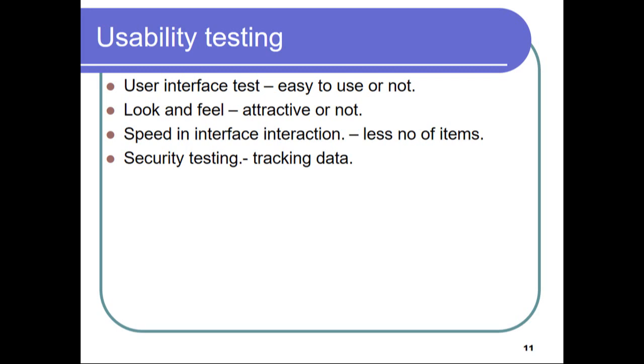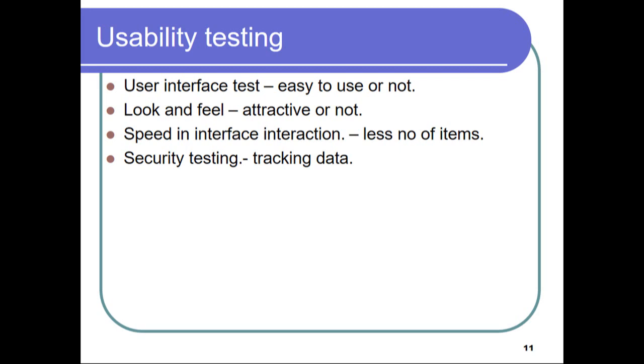So look and feel, and our application should be attractive. If it is not attractive, definitely the user is not going to use our application. Then speed in the interface interactions, definitely. After clicking on the username and password, it has to move to the next pages. And on the next pages, after viewing, just clicking some buttons or links, it should automatically go to the next page immediately.